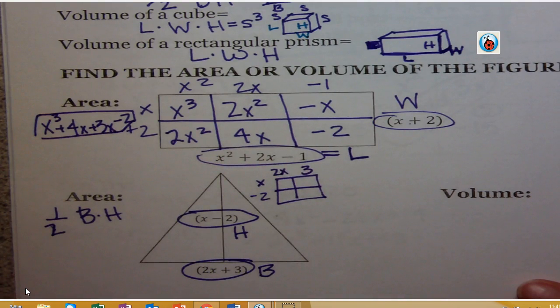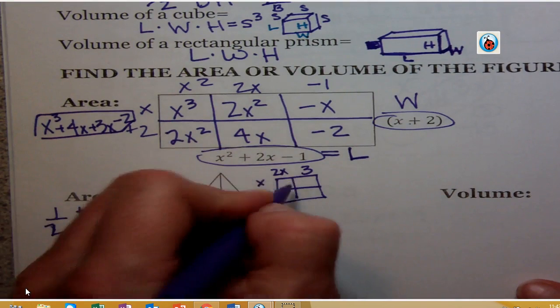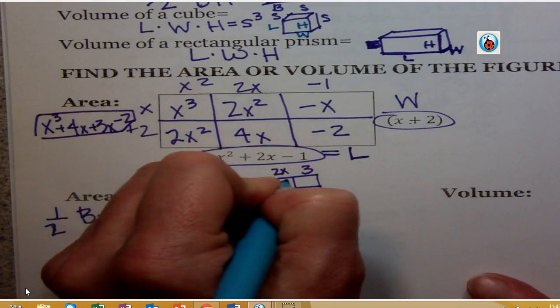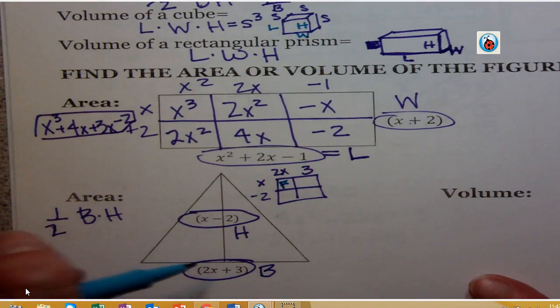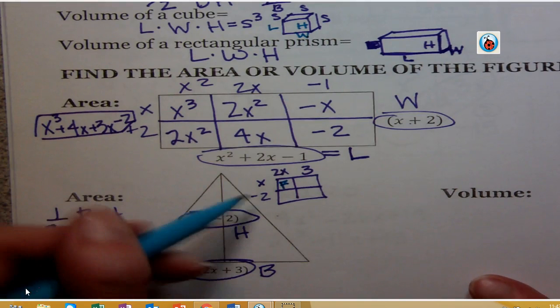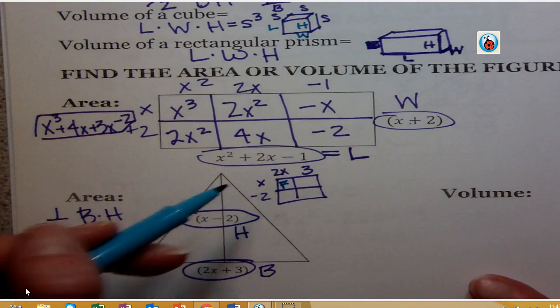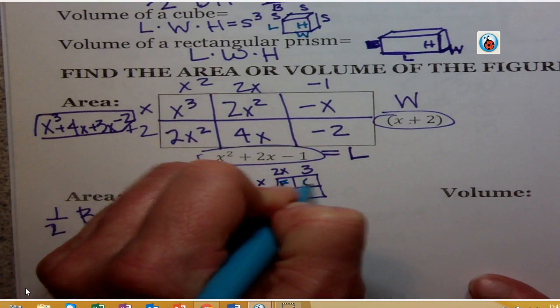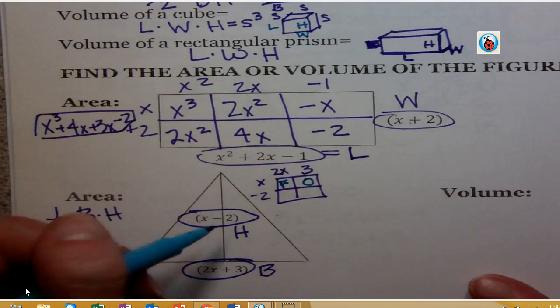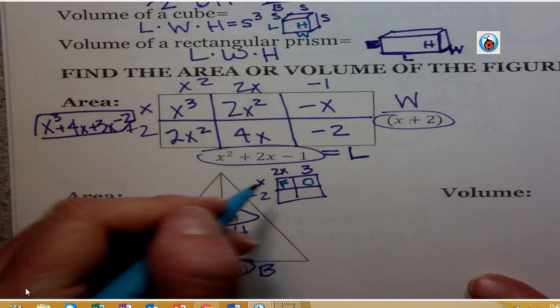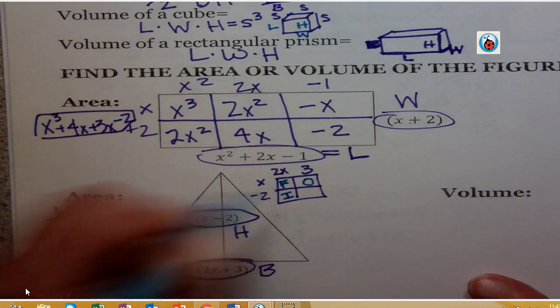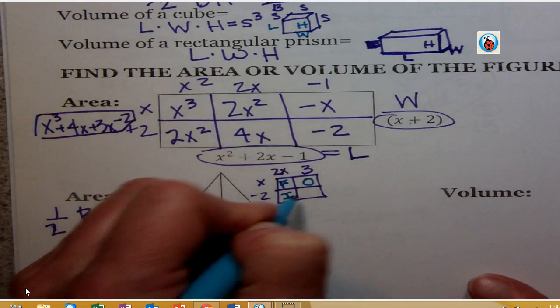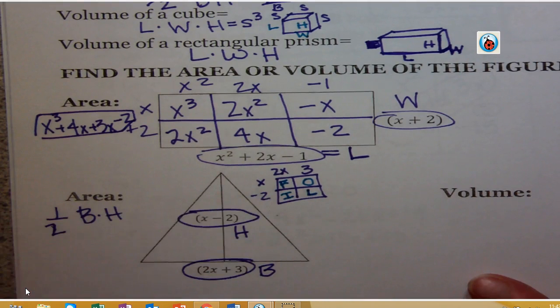If I was going to use the FOIL method, I would multiply these first two together. And notice that these first two together would be like your first term. The x times your 3 would be your outside term. The 2 times the 2x would be your inside term. And the 2 times the 3 would be your last term. So it's the same thing if you're using FOIL.